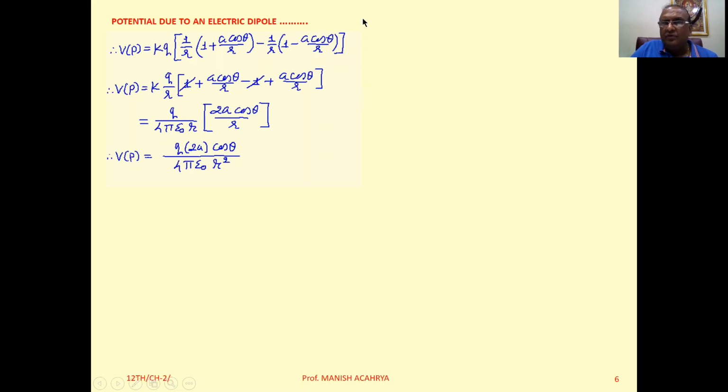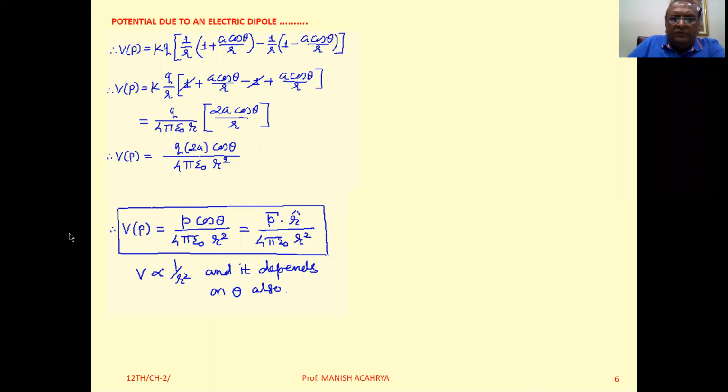Clear to all of you? Now, Q into 2A is the dipole moment P. So we can write V, the potential at point P, equal to P cos theta upon 4 pi epsilon 0 R square. Or you can write that equal to P dot R caret upon 4 pi epsilon 0 R square.